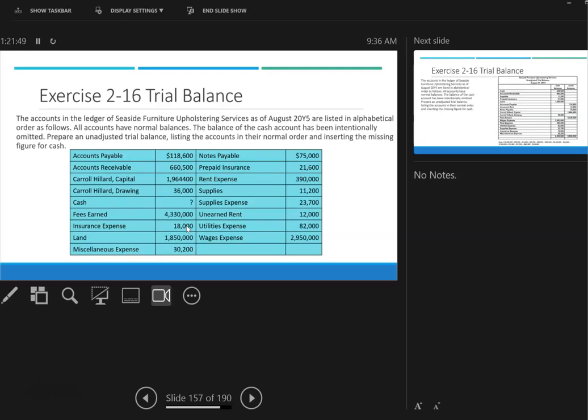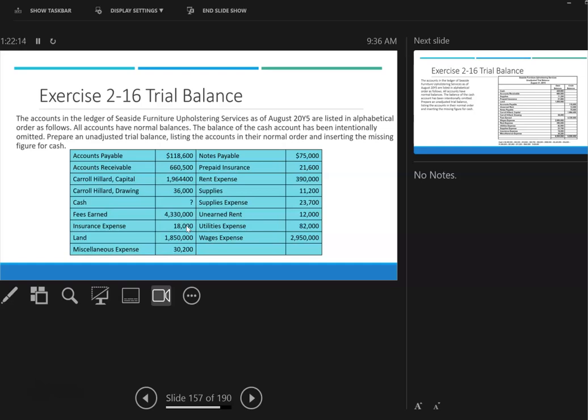The accounts here of Seaside Furniture are listed in alphabetical order. All accounts have normal balances. The balance of the cash account has been intentionally omitted. They want us to prepare an adjusted trial balance listing the accounts in their normal order.